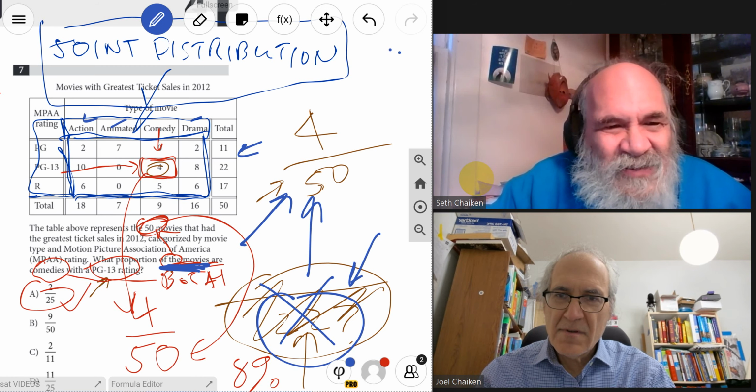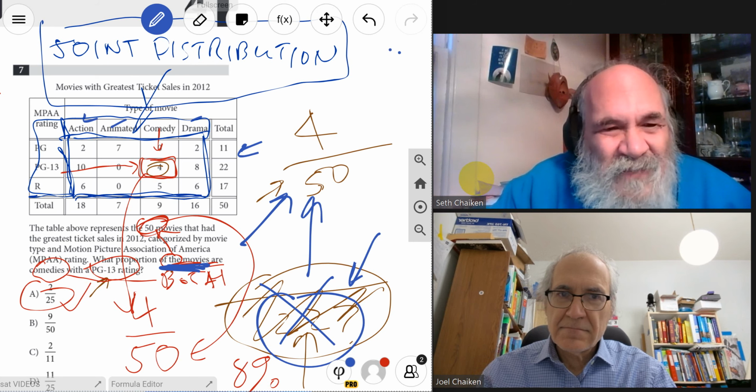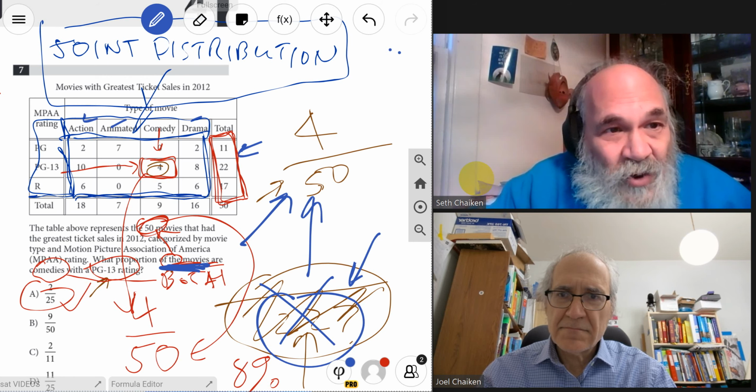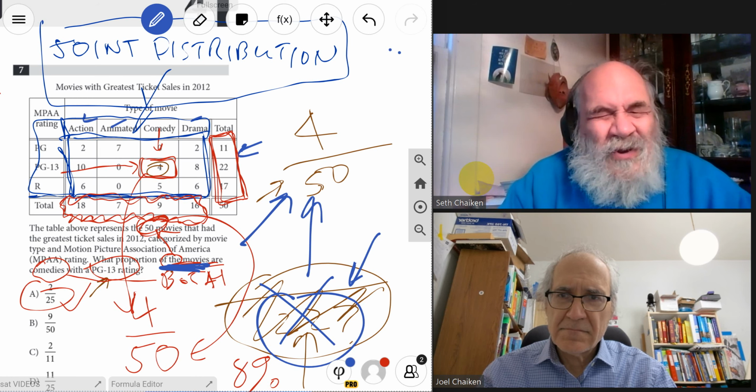Now, when they calculated the numbers in this little rectangle, and also when they calculated the numbers in this horizontal rectangle, those numbers are what are called marginal distributions.